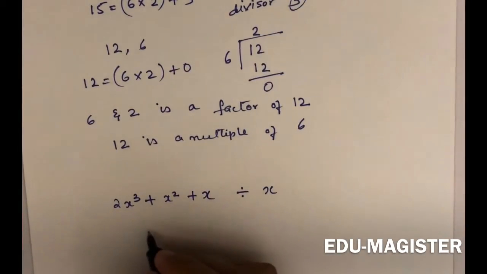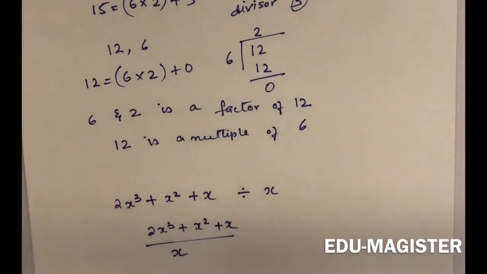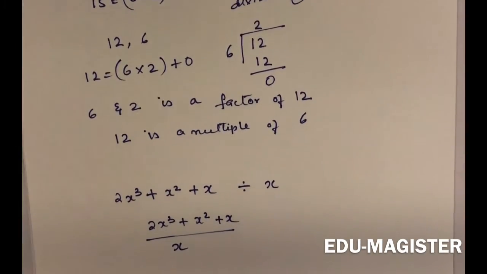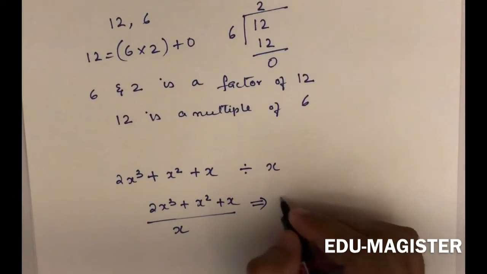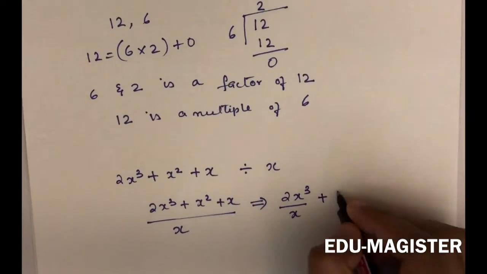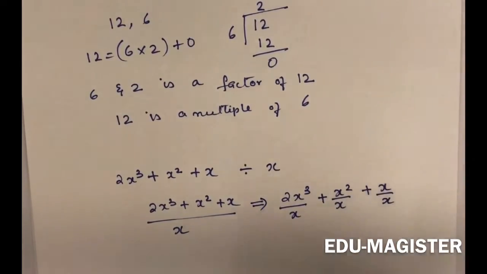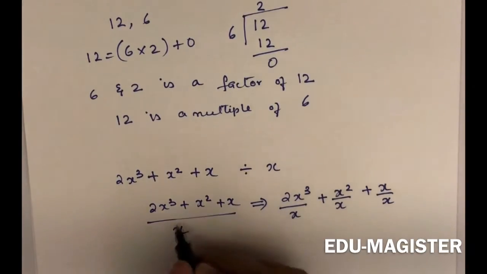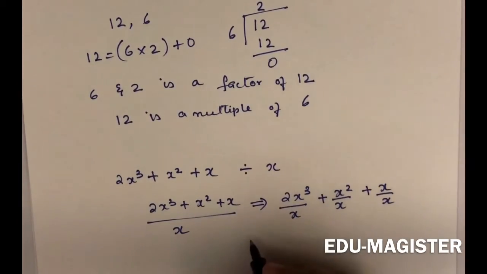What will happen? 2x cube plus x square plus x divided by x. Let me make it simpler: 2x cube by x plus x square by x plus x by x. I divided by x for each term, right?